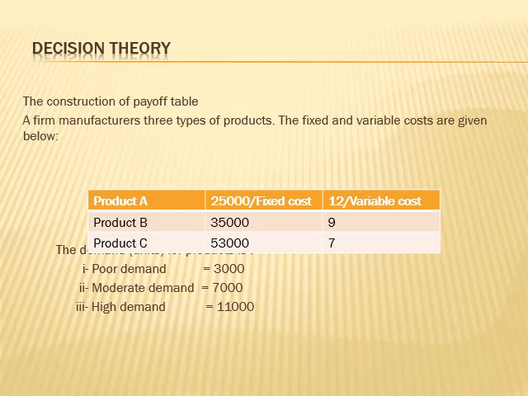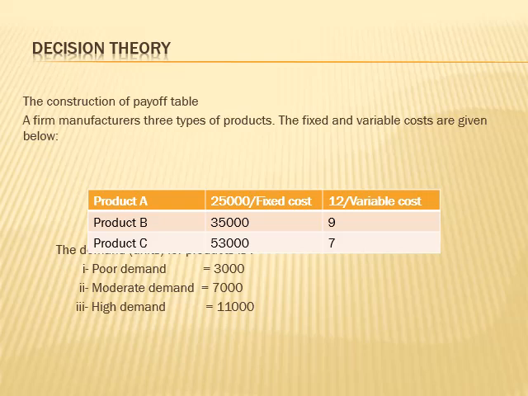Product A has 3 levels: poor, moderate, and high, respectively product B and product C. So there are 9 levels of demand.